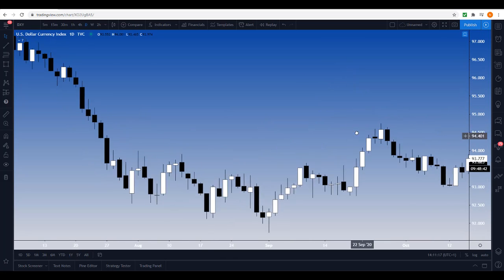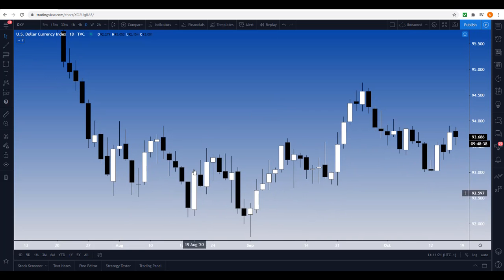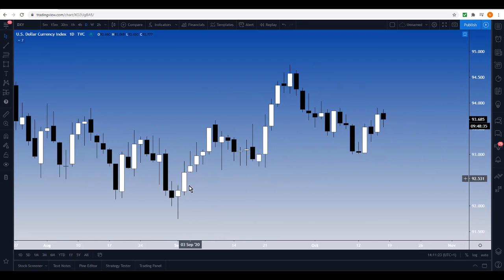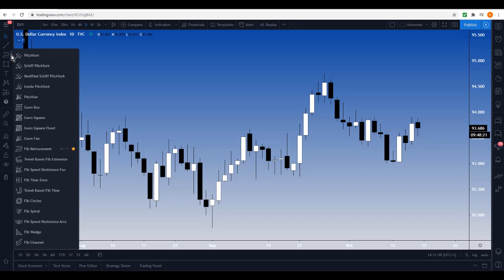We have this big move down here and then price started to slow down, but it was still in the downtrend. Then can you see price started to make this new high here compared to this high where it was making lower highs? Lower high, lower high, and all of a sudden we get this higher high and we get this change of momentum.